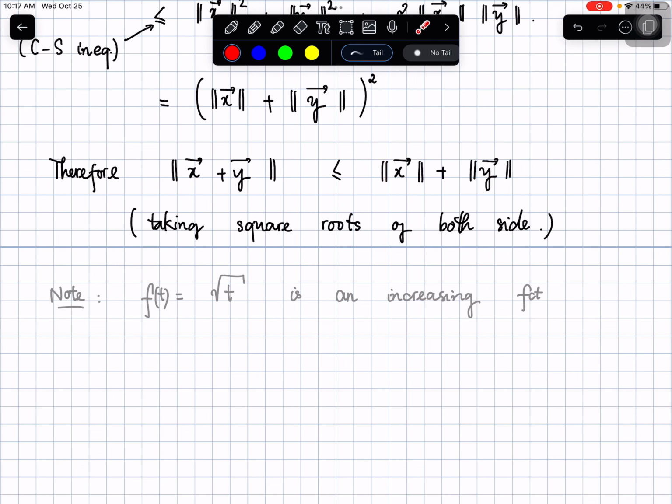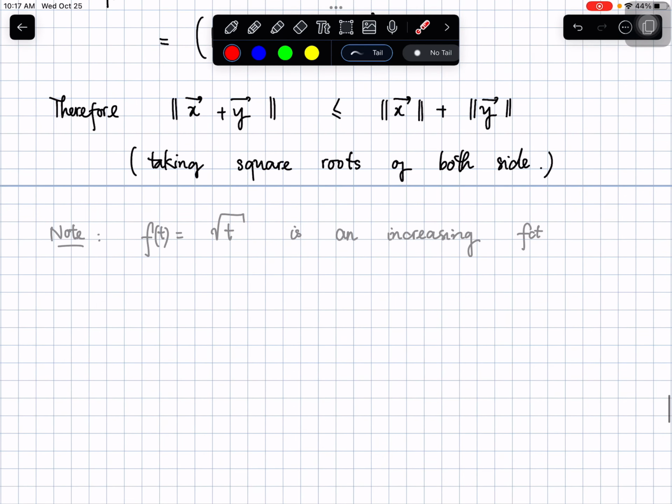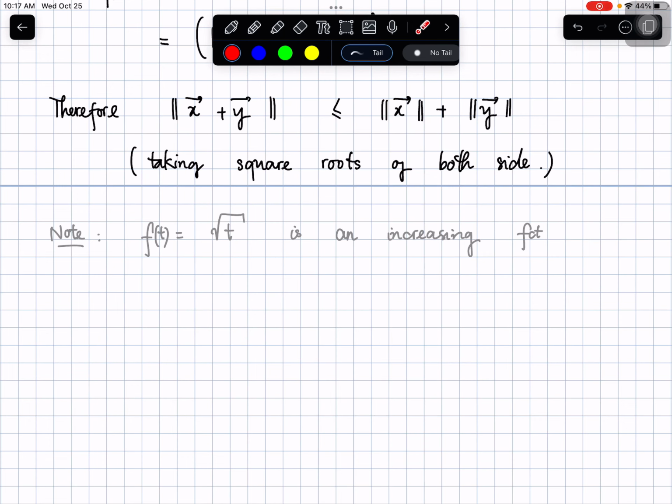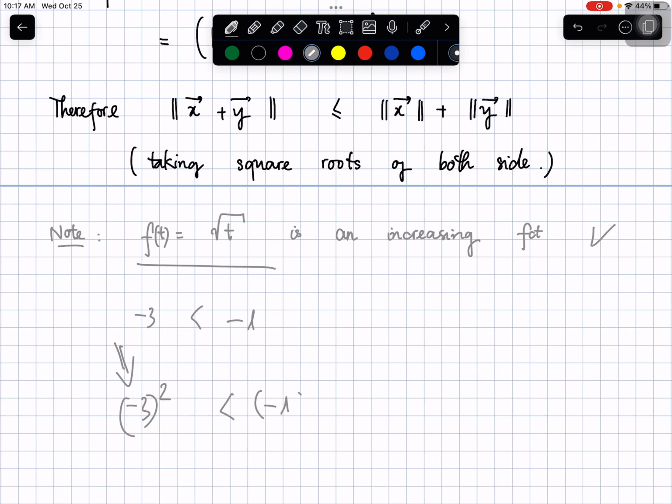Sometimes we cannot do that. For example, -3 is less than 1, but squaring both sides does not preserve the inequality. The square root works because the function is increasing. However, we cannot just go from here to there: -3 squared is 9, and 9 is not less than 1.